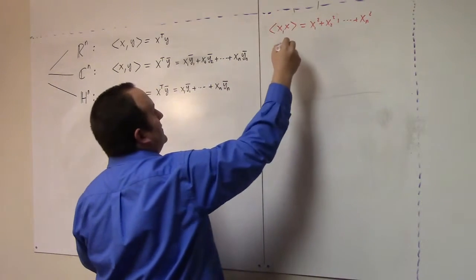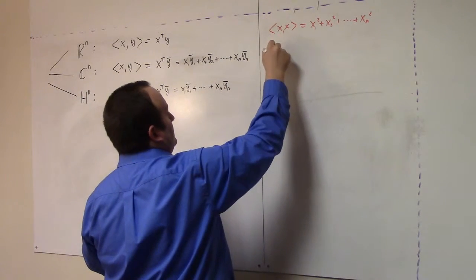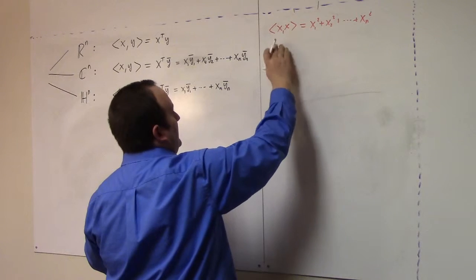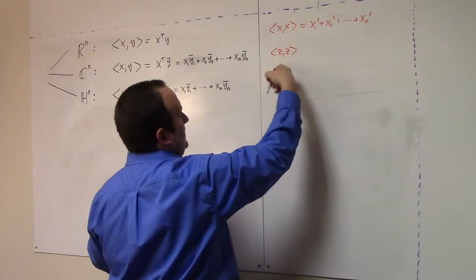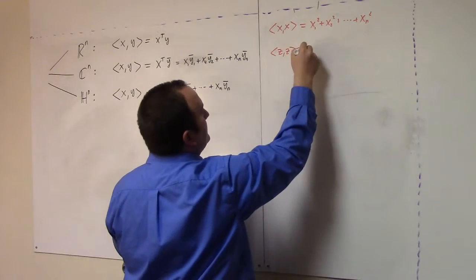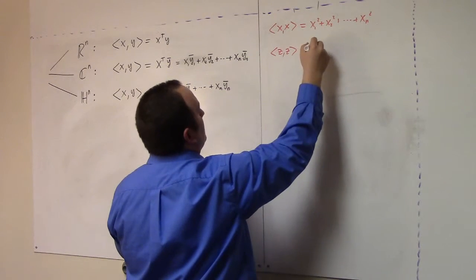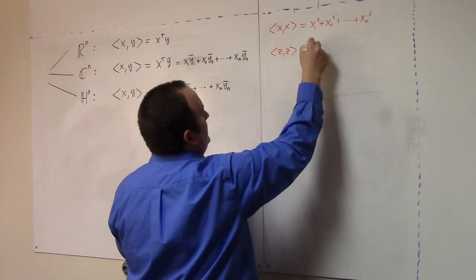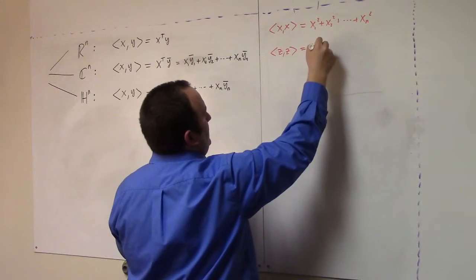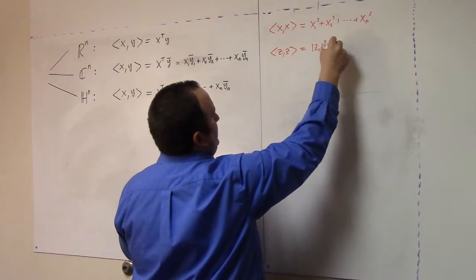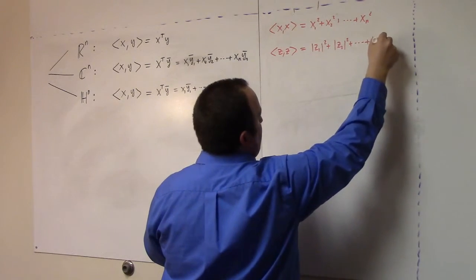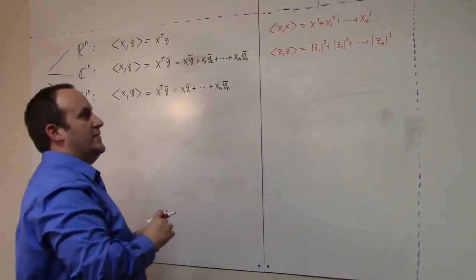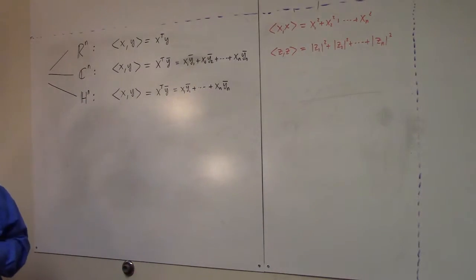This one, if you look at, say, z with z for a complex n vector, you'll get the modulus squared of the first component of z plus the modulus squared of the second component, and so forth all the way down to the nth modulus squared. So it's the sum of the moduli squared of the components.